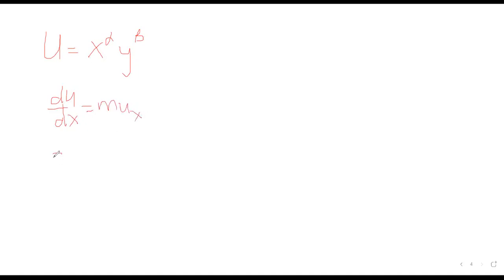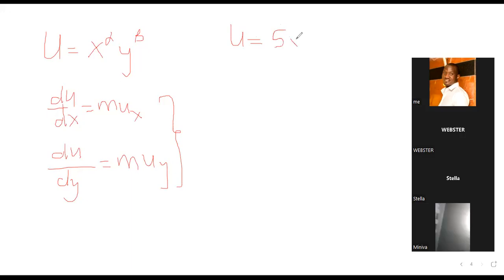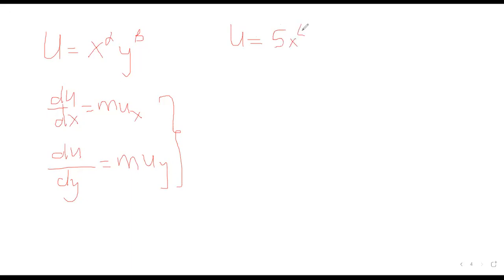If we differentiate u over y, we're going to call this the marginal utility of y. We use what we call partial differentiation when you're dealing with calculus. You remember from our calculus class, where we have y is equal to 5x^4. Who can differentiate this?